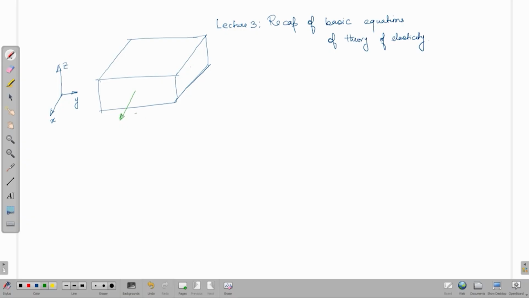So, I have sigma x here, I have sigma y here, the normal stresses, and I have sigma z. Apart from these 3 normal stresses, I will have the shear stresses, which is tau x y, tau x z.